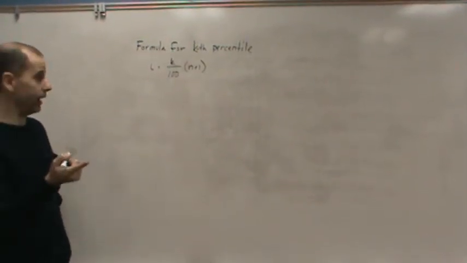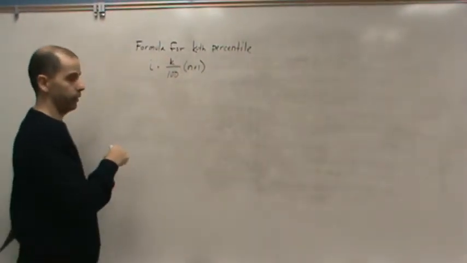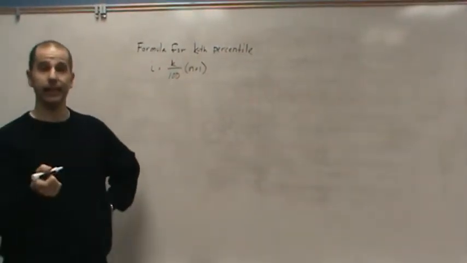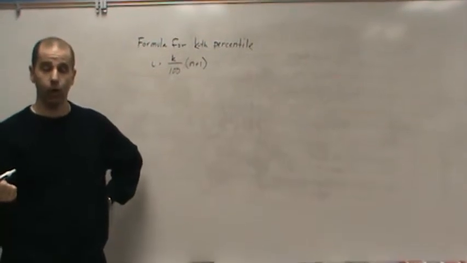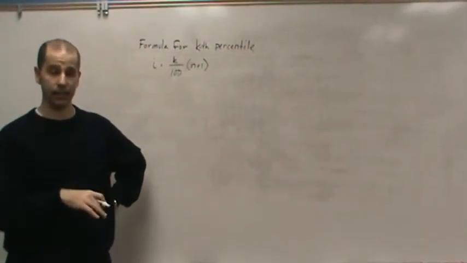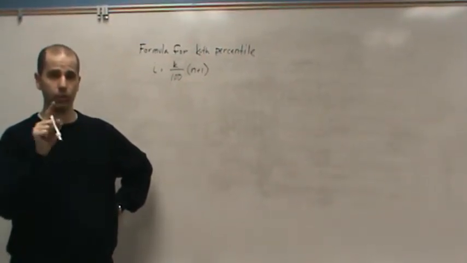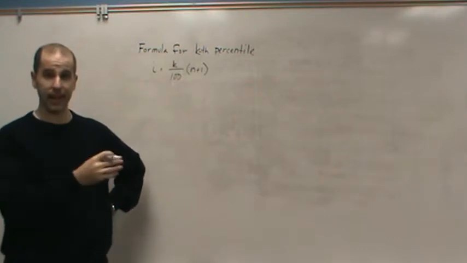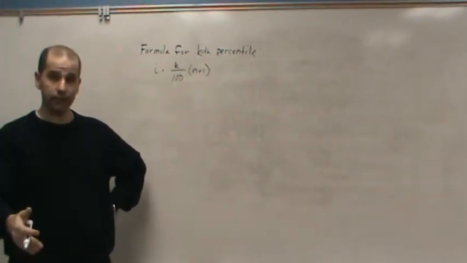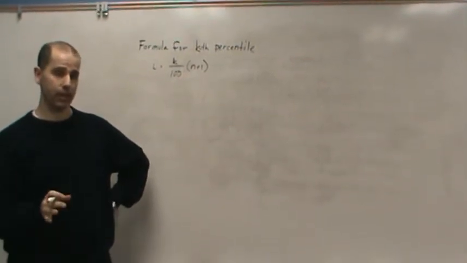Once I know that, i is going to tell me how many of the data values in my sample I need to make sure are below. This works much easier when the data is ordered, because then I can just cut it off and easily find where the percentile is.